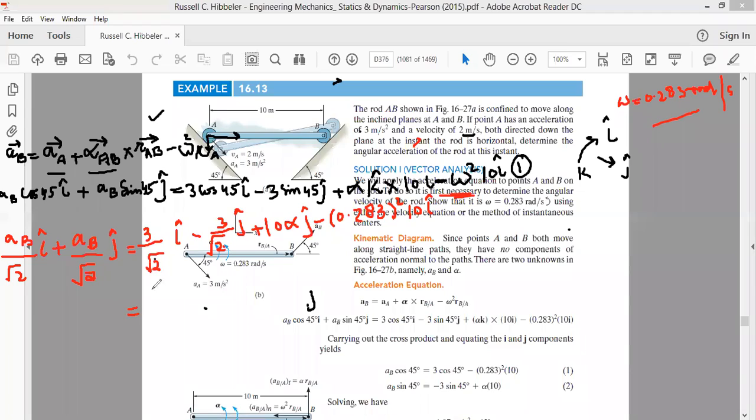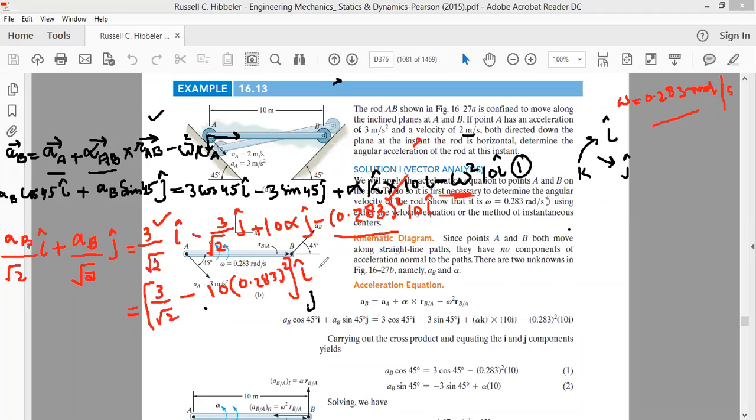The I components on the right hand side are 3 by under root 2, and minus 10 into 0.283 square I cap. These are our two I caps.